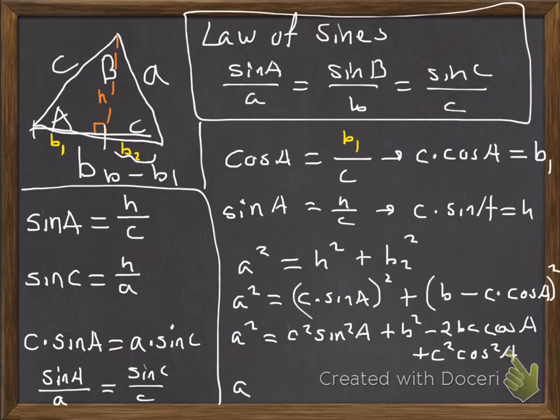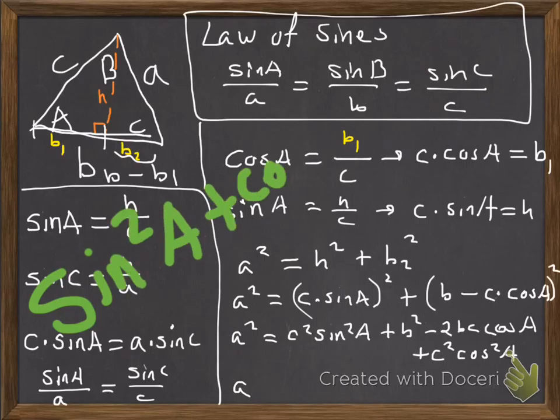Then we use an identity which says that sine squared A plus cosine squared A equals 1. I don't quite have that, I have it with a C squared on it.